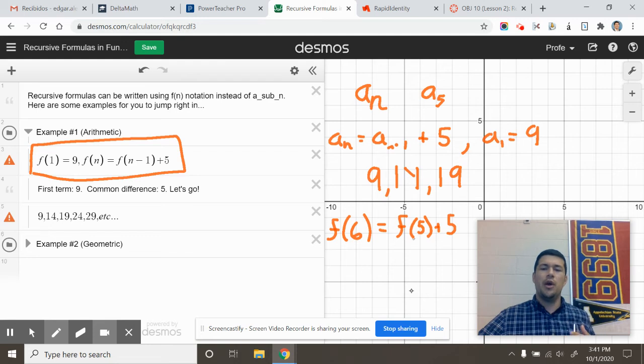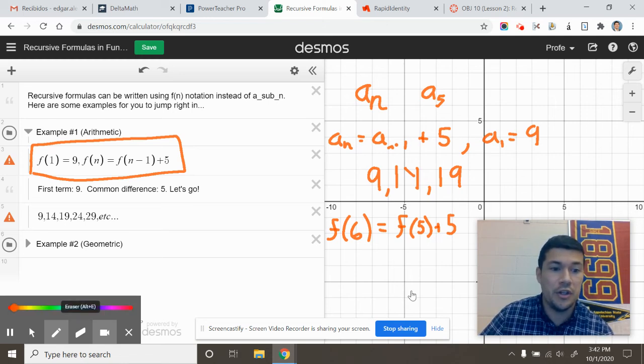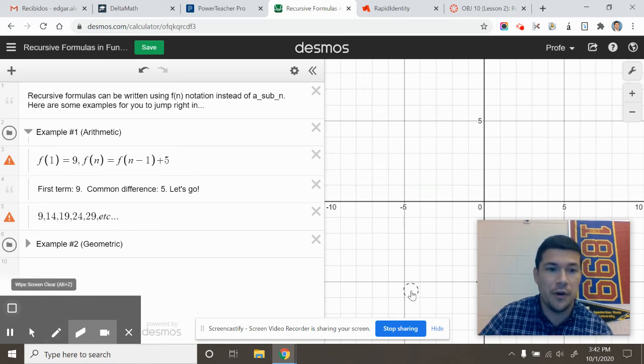This again shows you recursive formulas are really only good to find the very next term. For example, to know the next term after 19, I add 5, and then I add 5, then I add 5. If I want to find a term way down the line, like the 32nd term, I would be better off using an explicit formula. So that is basically the only new thing. You're changing a sub n for f of n, and nothing else is different.